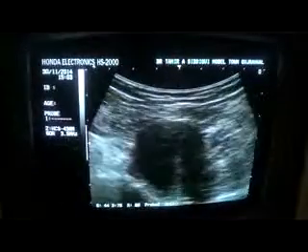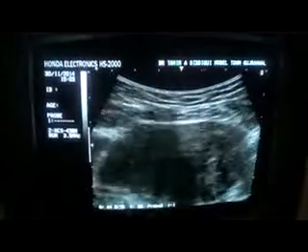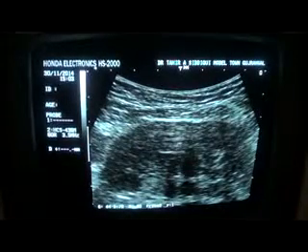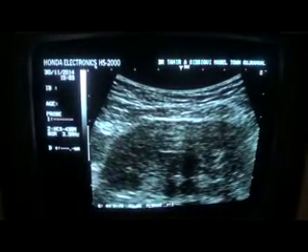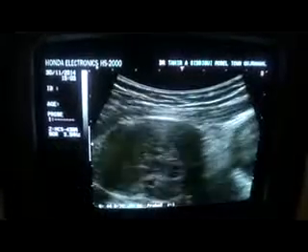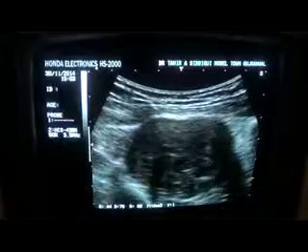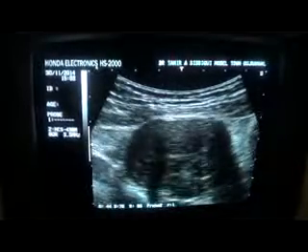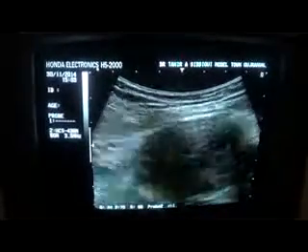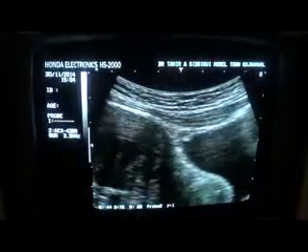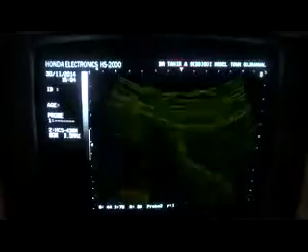So these multiple cystic areas are suggestive of internal necrosis within this fibroid, this area, this area, this area. Now these are representative of internal necrosis or degeneration within this fibroid, and the cause of the pain that she came for. This is a magnified view.